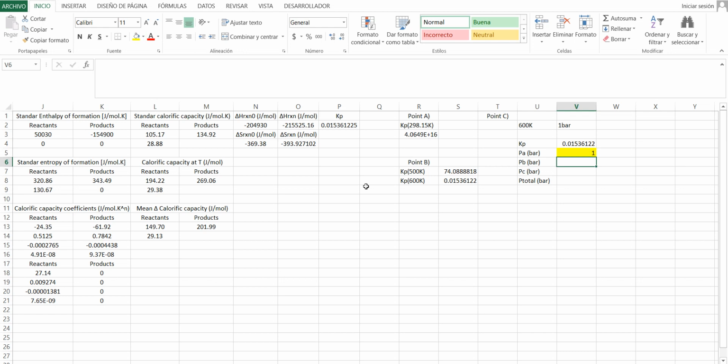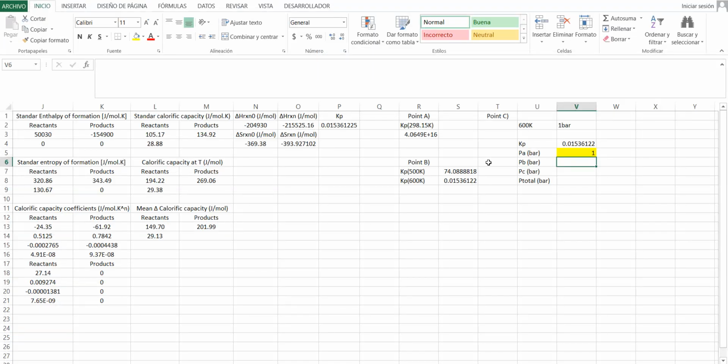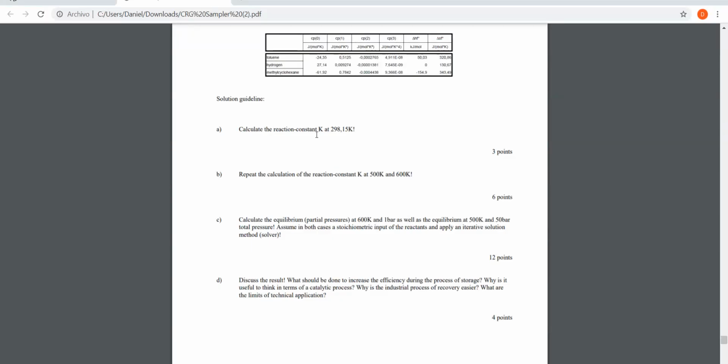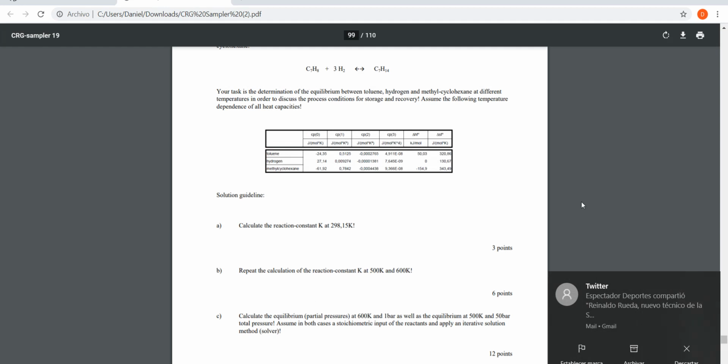The partial pressure of hydrogen, as the problem says, we need to assume a stoichiometric input of the reactants. What we are going to assume is that if we look at the reaction, we see that 1 mole of toluene reacts with 3 moles of hydrogen.